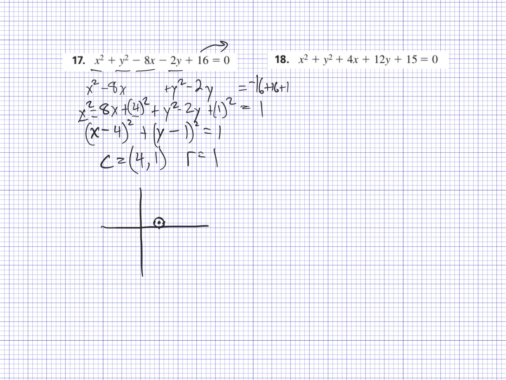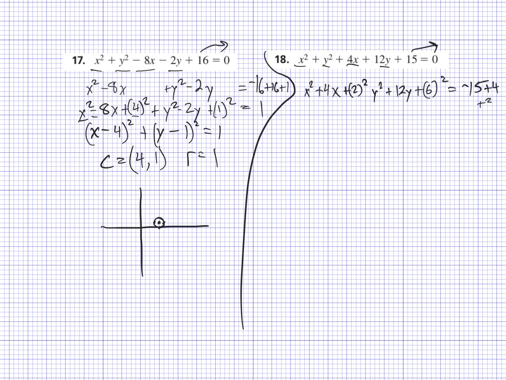All right, number 18. So we have x squared plus 4x. And then we have y squared plus 12y. And we're going to move the 15 over. And so now let's complete the squares. Half of b is 2. Square that and add it to both sides. And half of 12 is 6. We're going to square that and add it to both sides.